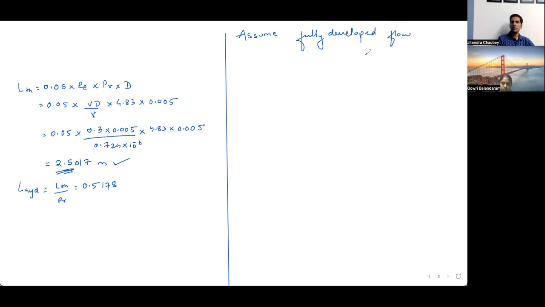For that case, what was the relation of Nusselt number for laminar flow? You had sent me the list of formulas. Let's go through that. Where is the equation?